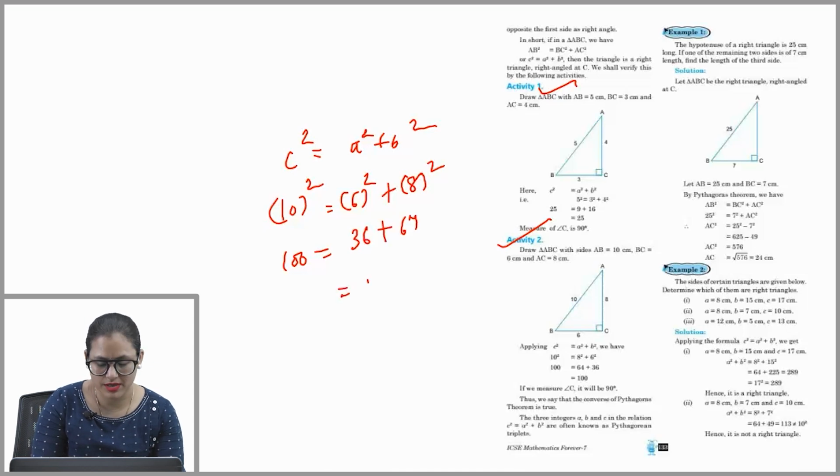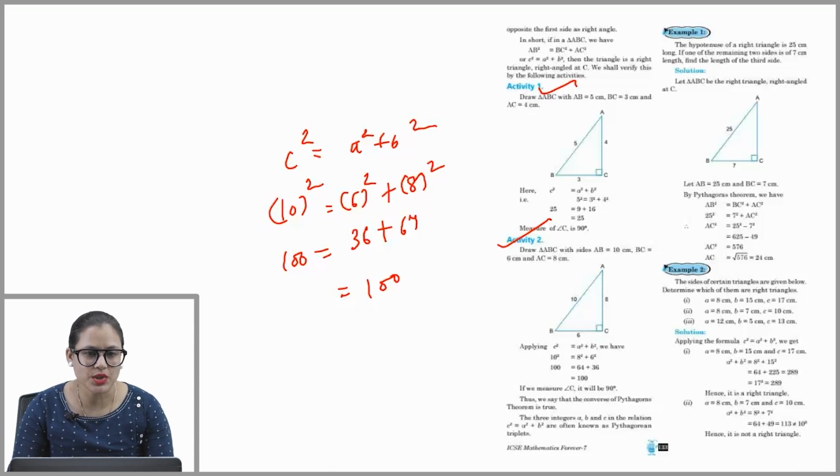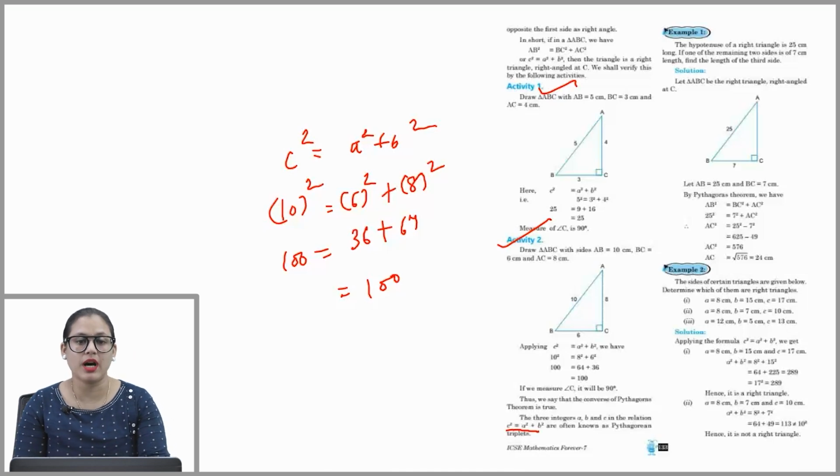That is 100. And if we measure angle C, it will be 90 degrees. Thus we say that the converse of Pythagoras theorem is true. The three integers a, b, c in the relation c square is equal to a square plus b square are often known as Pythagorean triplets.